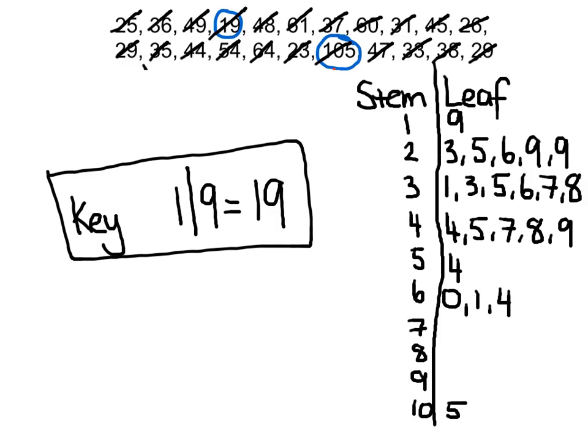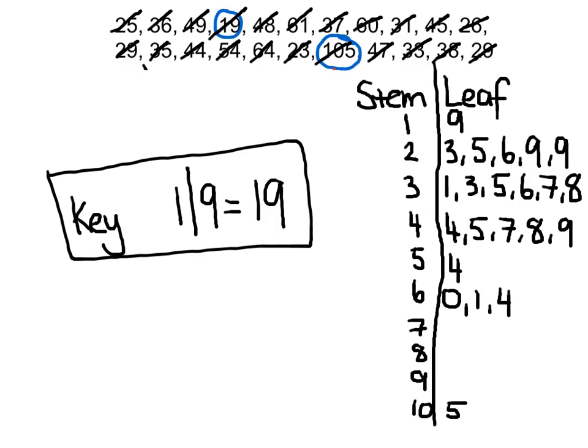So let's have a look at the numbers. If I was to ask you to look at the original data set just by itself, and if I wanted you to quickly tell me which was the smallest and largest number, it might be a bit tricky to figure out. But looking at the stem and leaf plot, you can see straight away that the smallest number is up the top, that's 19, and the largest number is down the bottom, that's 105.